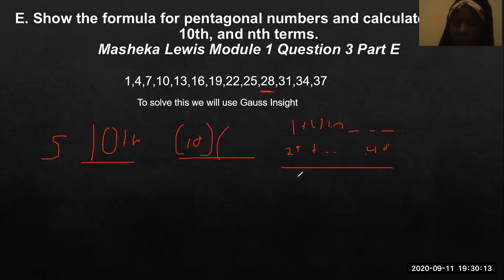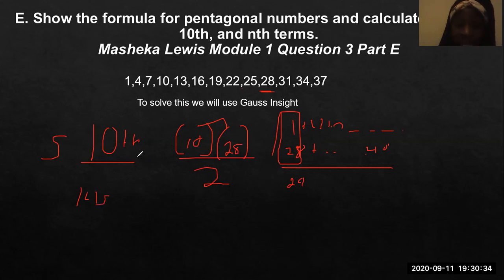And we have 29. The first two are the ones that really matter. So 10 times 29, we'll multiply this and then divide it by 2. And this is 145. And 145 is our 10th pentagonal number.